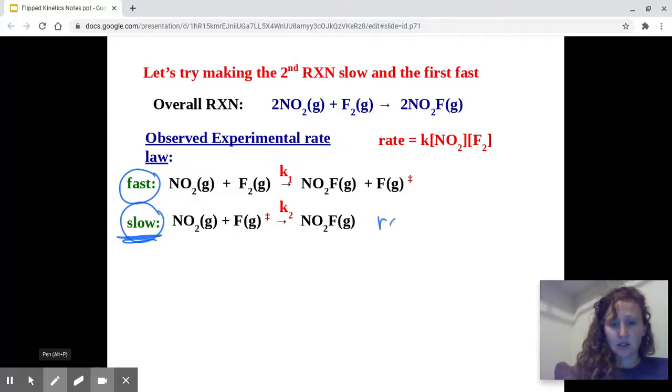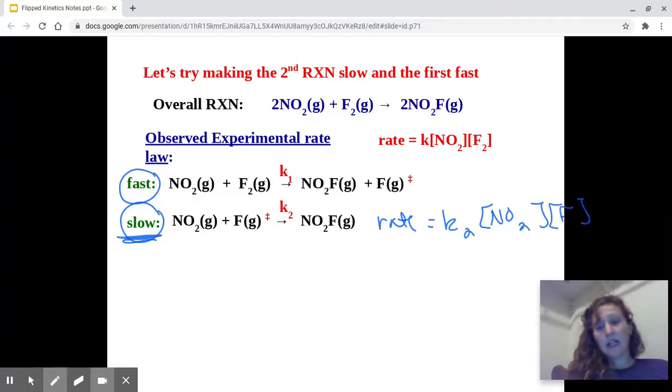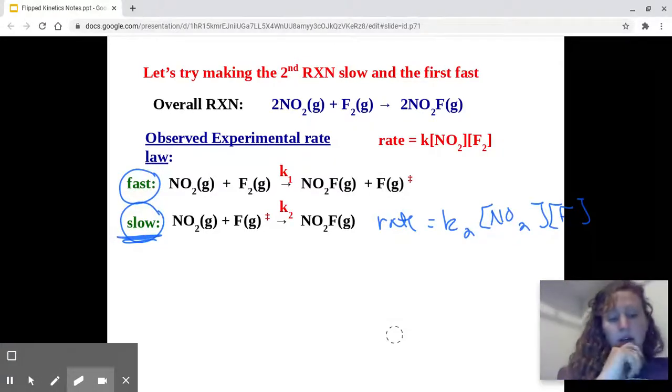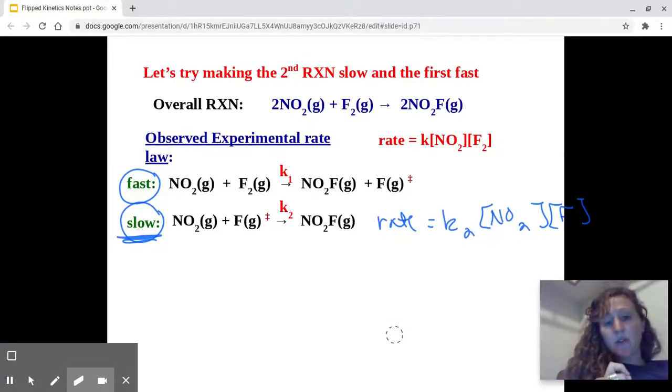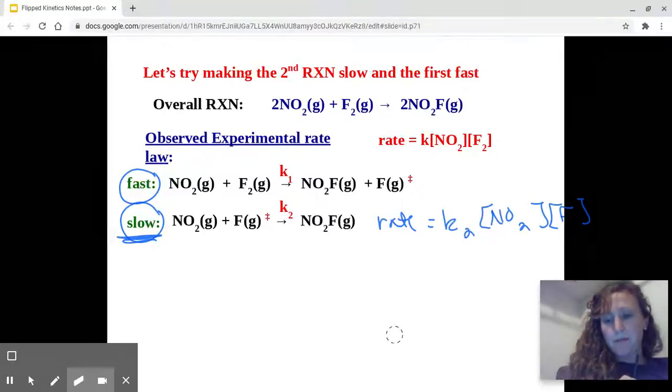So let's see. Rate equals K2 NO2 F. Okay, so here is where we have to deal with that intermediate. So this comes down to an idea about the fast rate.